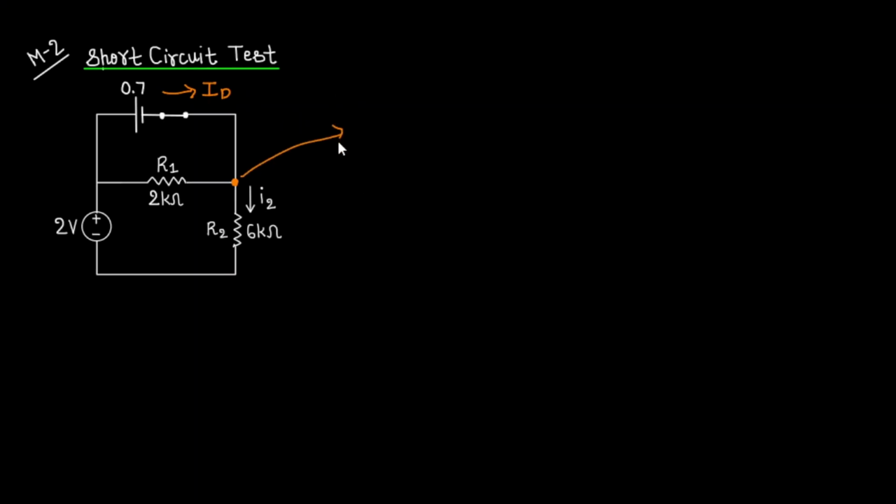So applying KCL at this point, so this is the point. This current is ID, which is flowing downwards. This is a 2 kilo ohm resistor. I am taking this as the ground, which is the reference voltage, 0 volts. Since this is a minus 2 volt source and this is the ground, this point will be minus 2 volts.